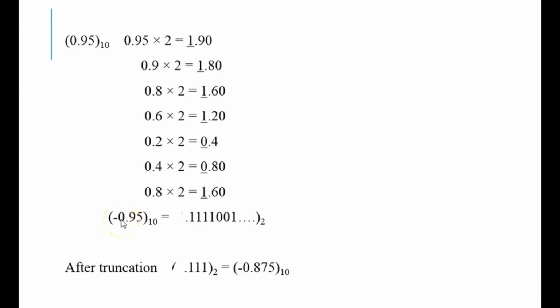You have to truncate it to a 3-bit value. That is, after the point, you select only 3 bits, so I get 0.111. If we convert 0.111 from binary into a decimal value, you will get 0.875. Since it is minus 0.95, you have to write it as minus 0.875.